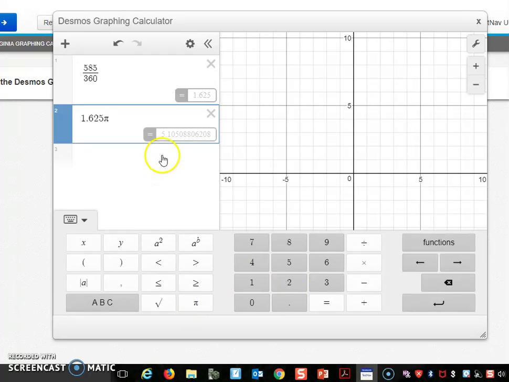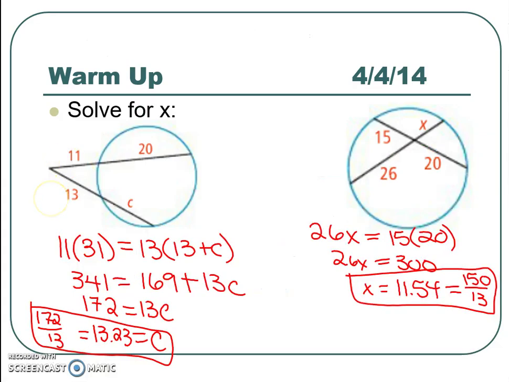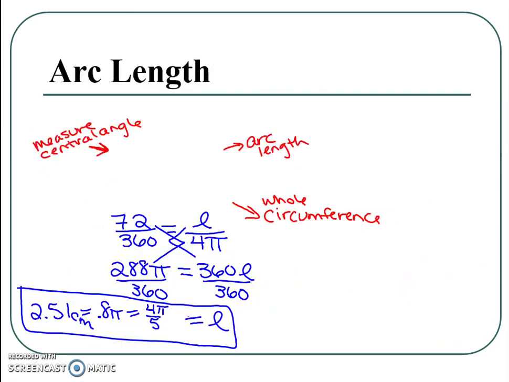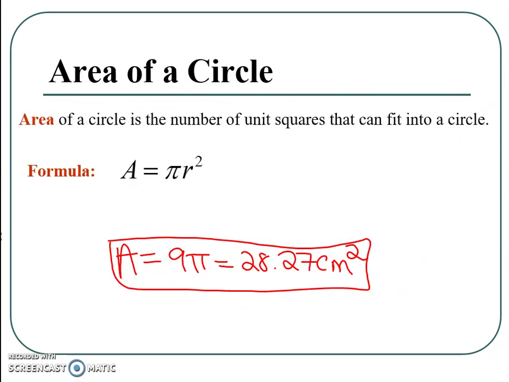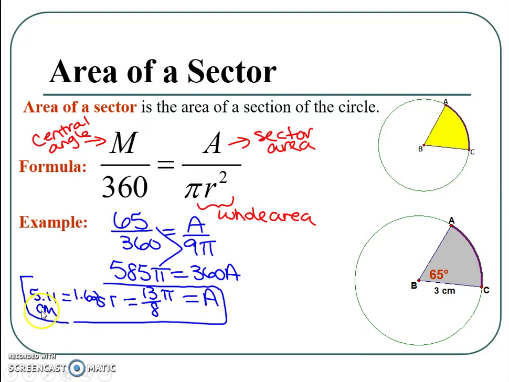And it gives you 5.105, just round to 5.11. Okay? So the answer for this is 5.11 centimeters. That is the area of this sector.